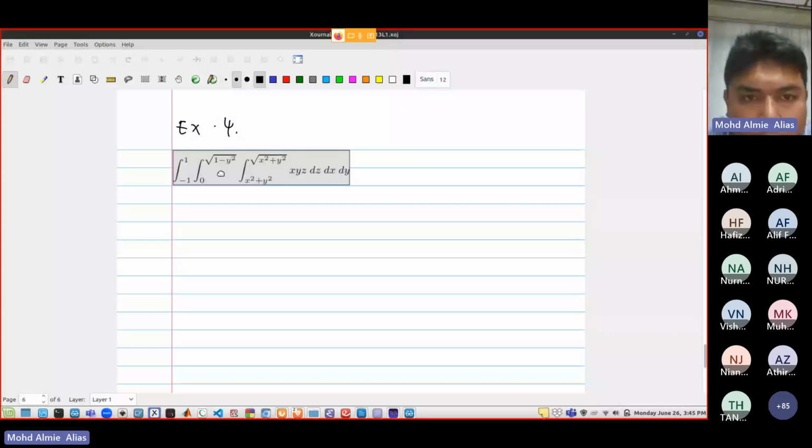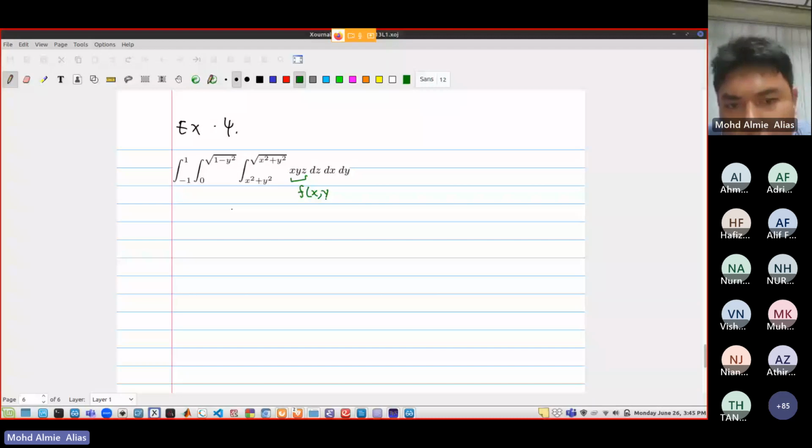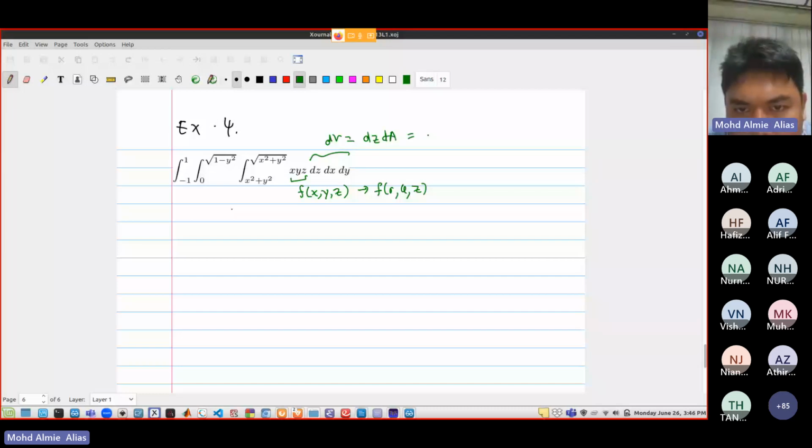Okay, so this is easy. This is our f of x, y, and z. We can change it to f of r, theta, z anytime, because we know the function for the substitution. So this is our dV, which is equal to dz dA, which will be r dz dr d theta.